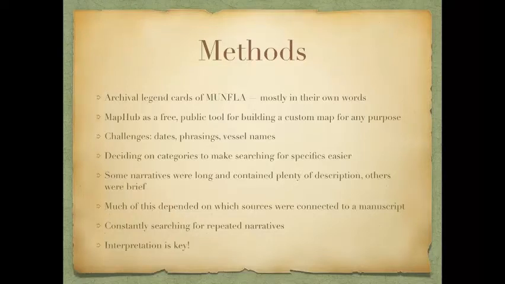And I also thought it might be helpful for other people who are coming in and they don't know all the small communities around the coast. And this could fill in some of the gaps for them by way of ghost stories. And so the first thing, after gathering all the stories out of Munfla, was to find a way to put them on a map, find a map tool to make them public.